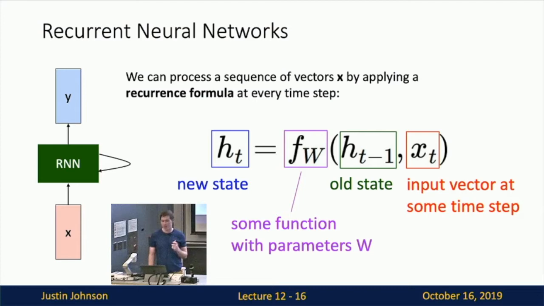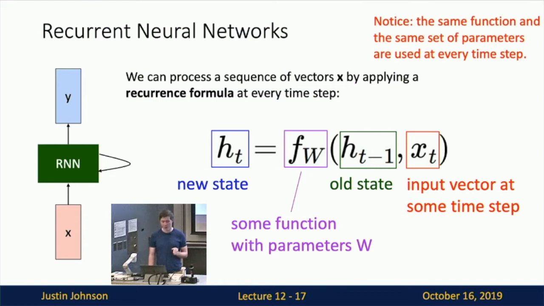Now we'll write down this recurrence relation f that depends on learnable weights W, and this function will take as input the hidden state at the previous time step, h_{t-1}, as well as the input at the current time step, x_t, and it will output the hidden state at the next time step, h_t. You can imagine that we can write down different types of formulas, f_W, that cause these inputs and hidden states to be related to each other using different algebraic formulations.